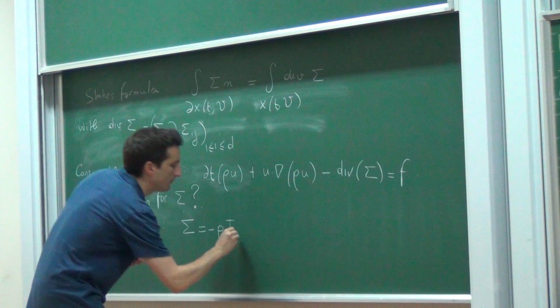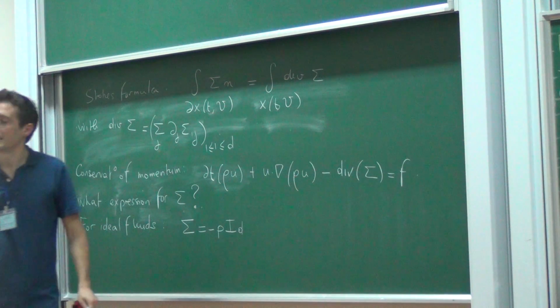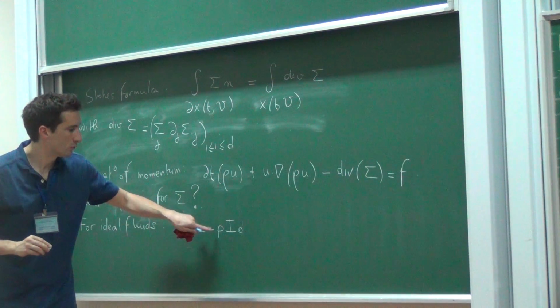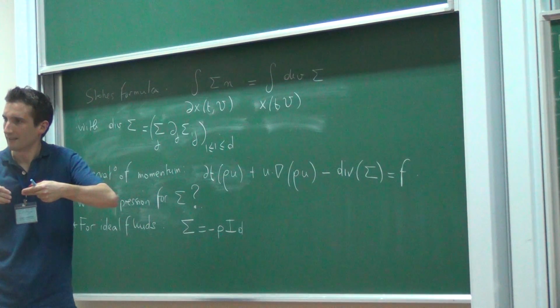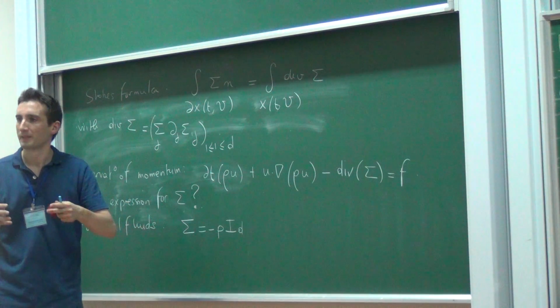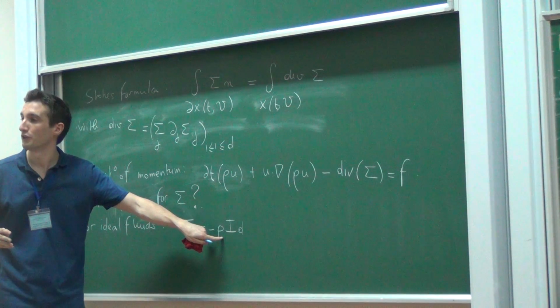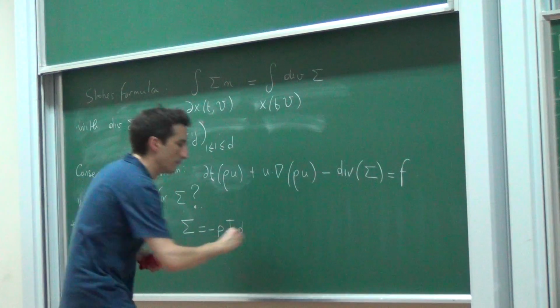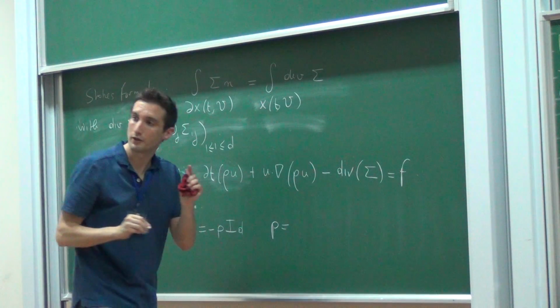So sigma will be a multiple of the identity. So you express that you have a normal forcing on a little volume of fluid, and this forcing is measured by some coefficient here, P, which is exactly the pressure. So P is a scalar function.